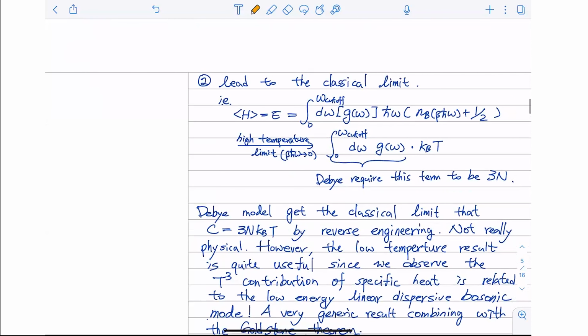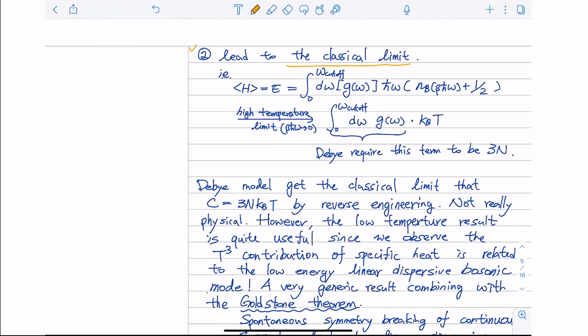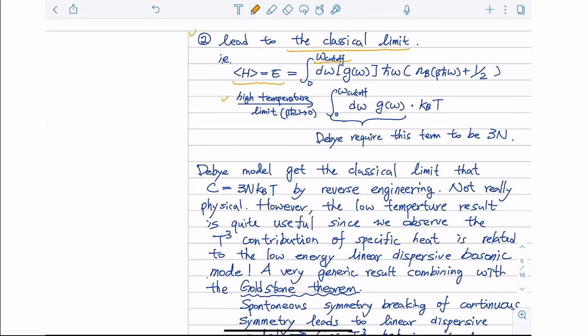And the second assumption will lead to the classical limit. The reason is that if we write down our expectation value of the Hamiltonian and impose the cutoff frequency, we will find that at the high temperature limit, where we can expand this expression, the expectation value of the Hamiltonian, or the internal energy, can be written as kBT times this particular integral.